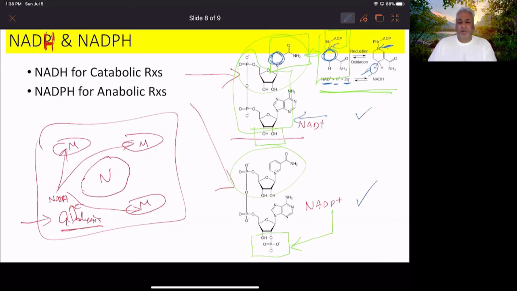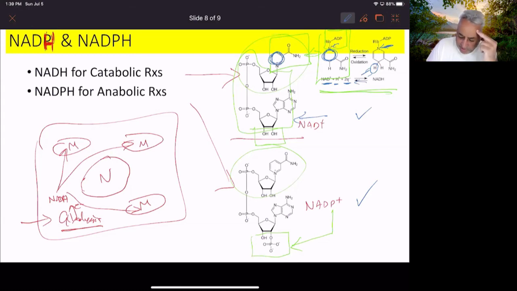Once these molecules get to their destination, the passengers can be unloaded, and you can see the arrow telling you that the electron carrier can then go back to its normal accepting form. Which of these 2 forms is oxidized and which of the 2 is reduced? So remember, oxidized is when it's losing electrons, and reduced is when it's gaining electrons, right?